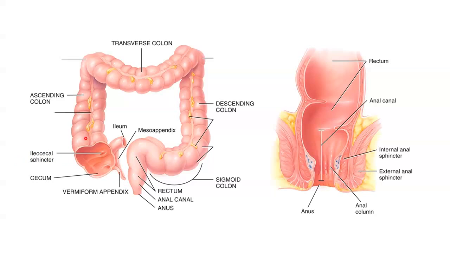We have our ascending colon ascending up the right side of the body, transverse colon moving horizontally, the descending colon going along the left side of the body, the sigmoid colon shaped a little bit like an S along here. The rectum is that vertical portion of our large intestine with the anal canal the last few centimeters, and then the anus, the opening to the external environment.